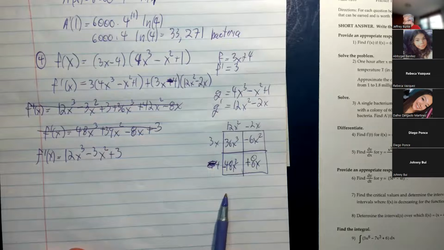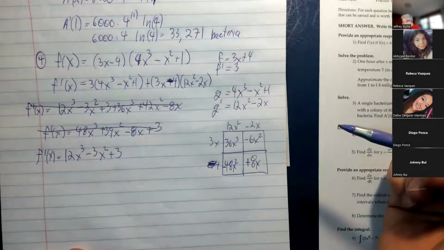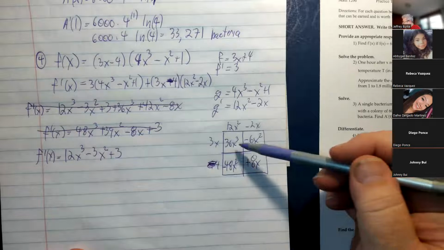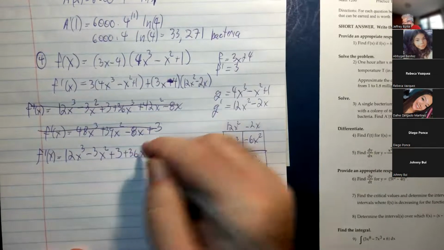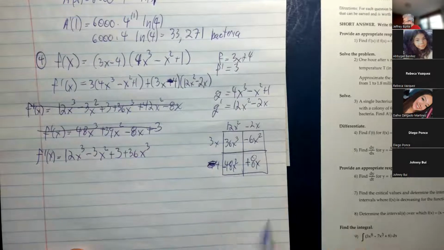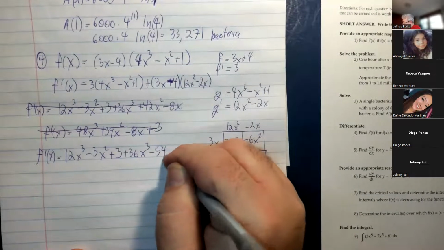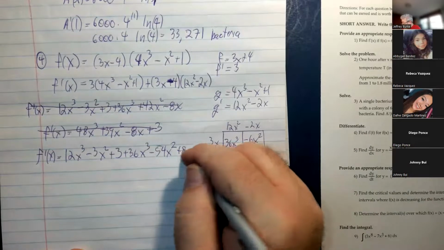Let's combine like terms now. So this is still plus 36x to the third, negative 48, negative 6. That's going to combine to be negative 54x squared, and then this will be plus 8x.